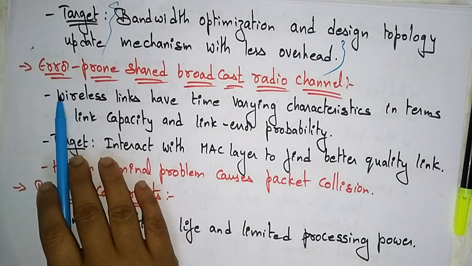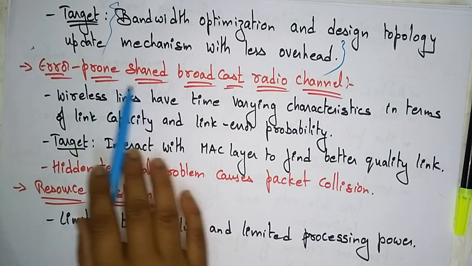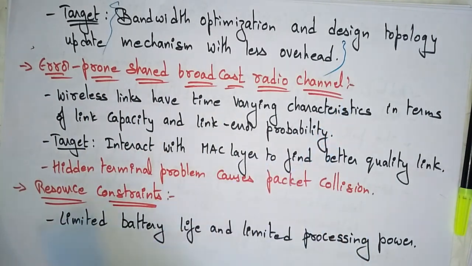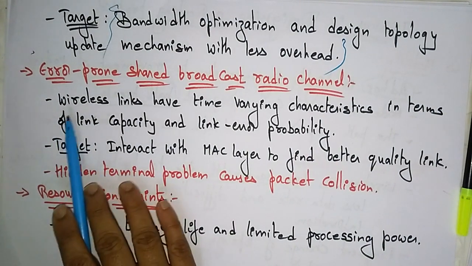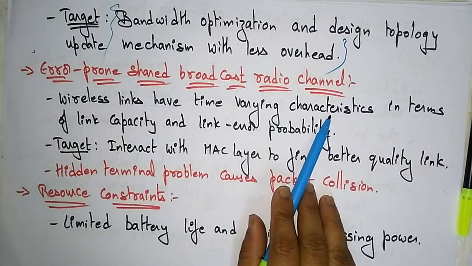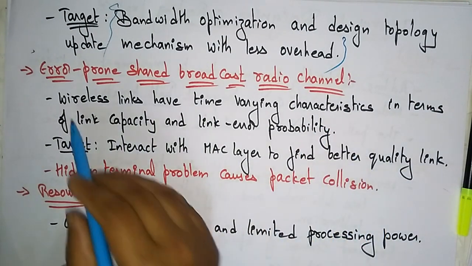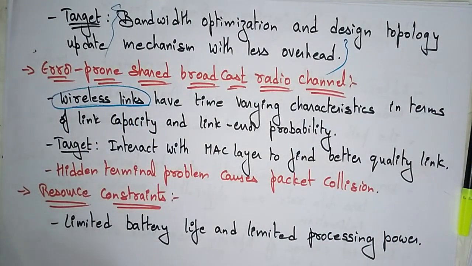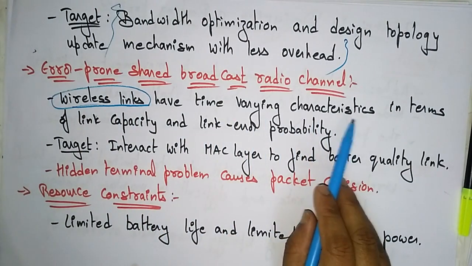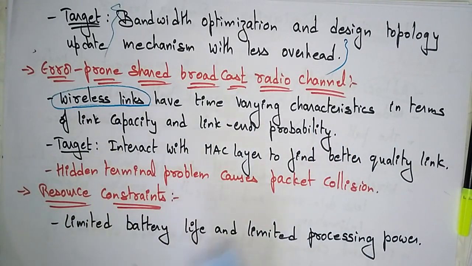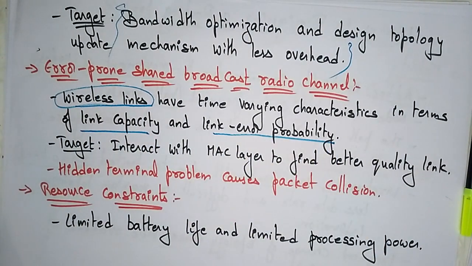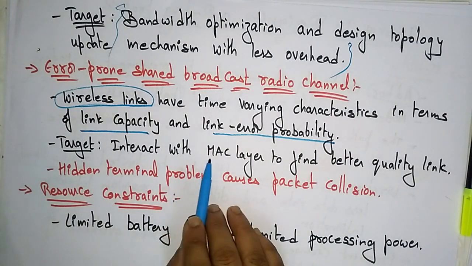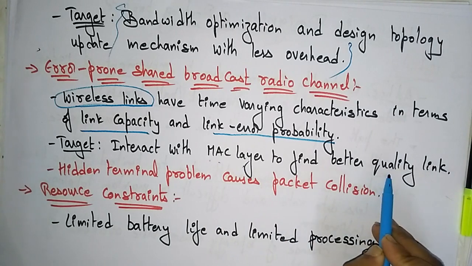The next design issue is the error prone shared broadcast radio channel. What does this mean? The wireless links have time varying characteristics in terms of link capacity and link error probability. The target here is to interact with the MAC layer to find a better quality link.